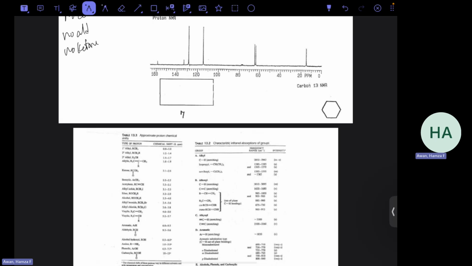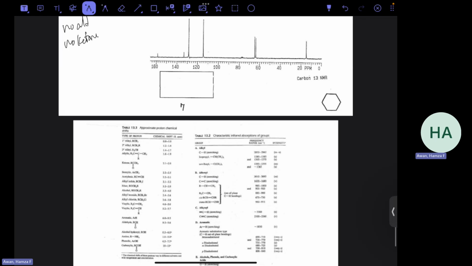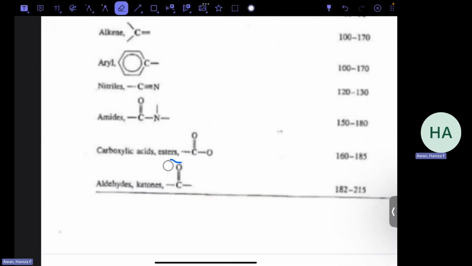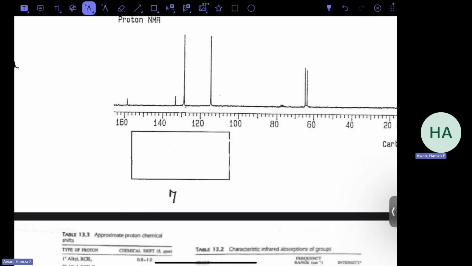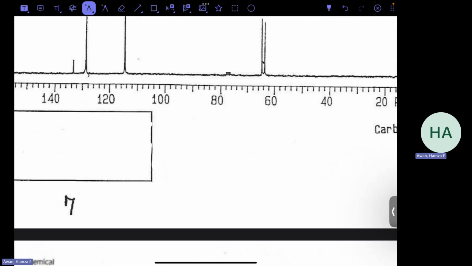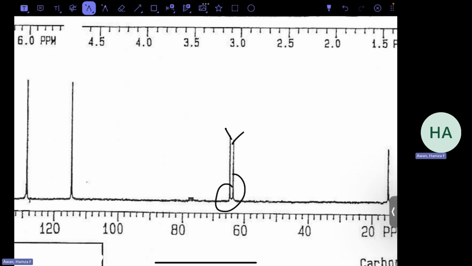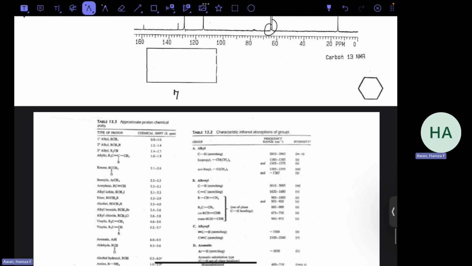So if we were to put all of this together, let's look at this carbon-13 real quick. If we look at where the alcohols are, alcohols are in the 50 to 90 range, right? So if we look between 50 and 90, we have two things. Both of them are going up pretty high. So that means we have two of them, alcohols either way. So our prediction is correct, right?